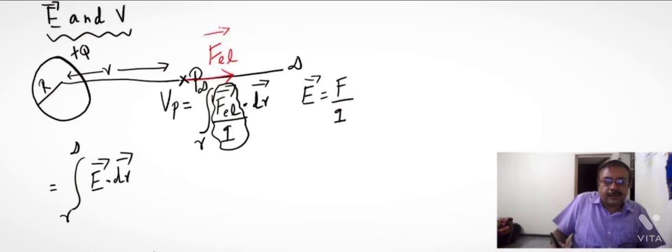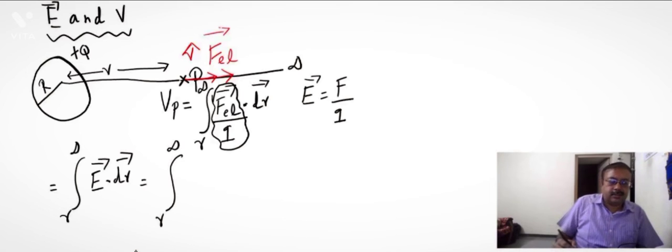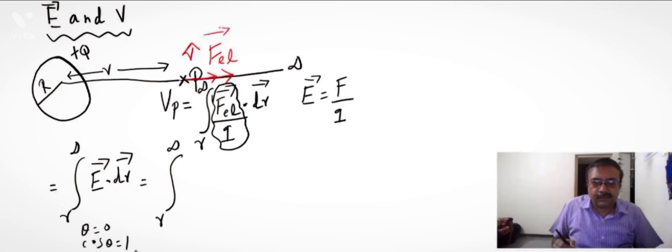The direction of the unit vector is going to be somewhere here, r cap, and since both dr and the electric force are along the same direction, this dot product simplifies. Cos theta is going to be 1 because theta is 0. So we have got rid of the big headache of vector quantities.